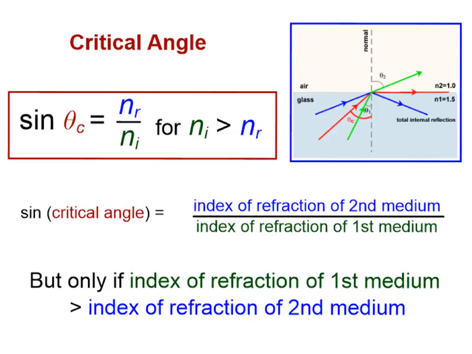And this works as long as the index of refraction for the first medium is greater than the index of refraction for the second medium. If we look at this example over here, we have the first medium being glass, the second medium is air, and the index of refraction for the glass would need to be higher than the index of refraction for air in order for this calculation to work.